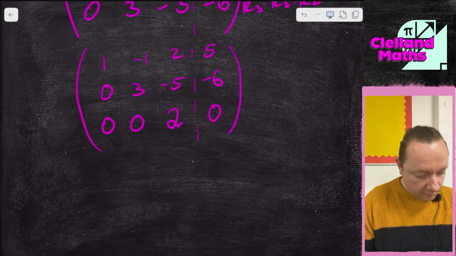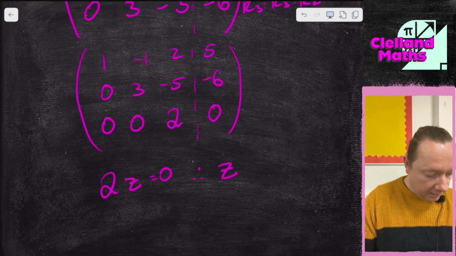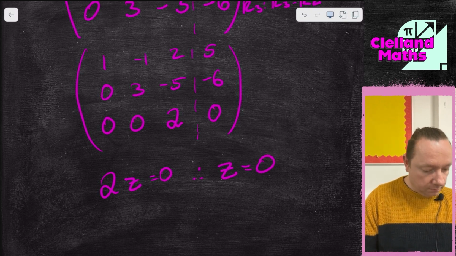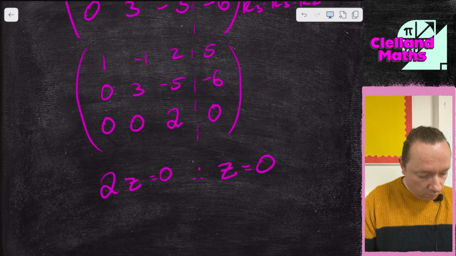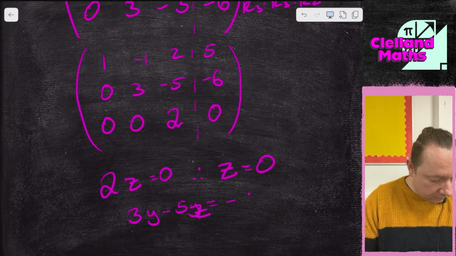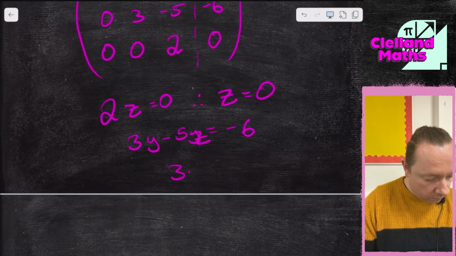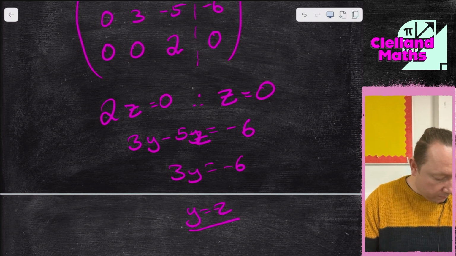So our last row gives 2z equals 0, and therefore z equals 0. Our second row gives 3y minus 5z equals minus 6. So subbing 0 in, we get 3y is minus 6, so y is minus 2.